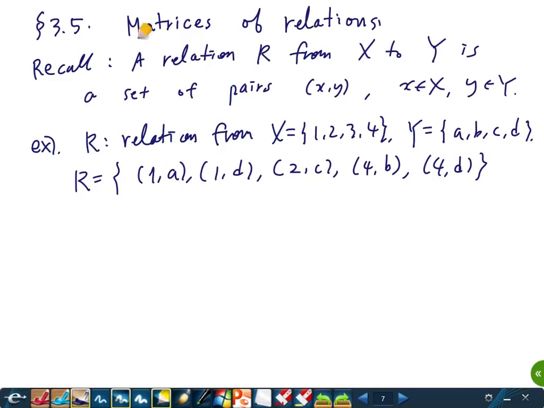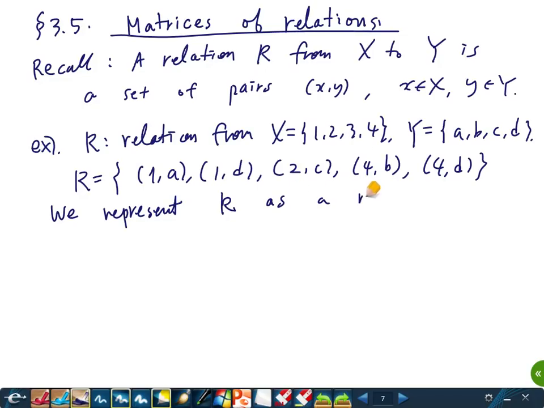But here, matrix of a relation means we are going to represent a relation using a matrix. We represent R as a matrix, as follows. The labels of the rows will be the elements in X: 1, 2, 3, and 4.